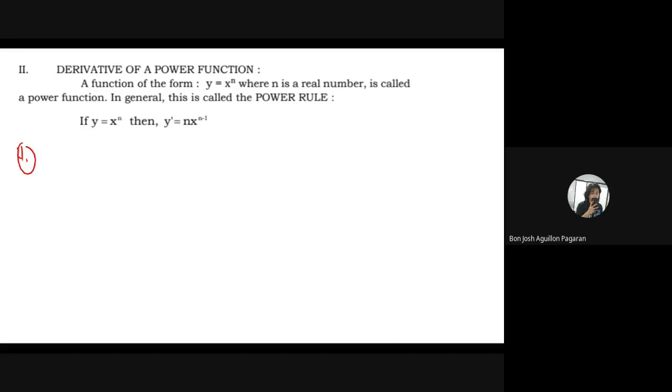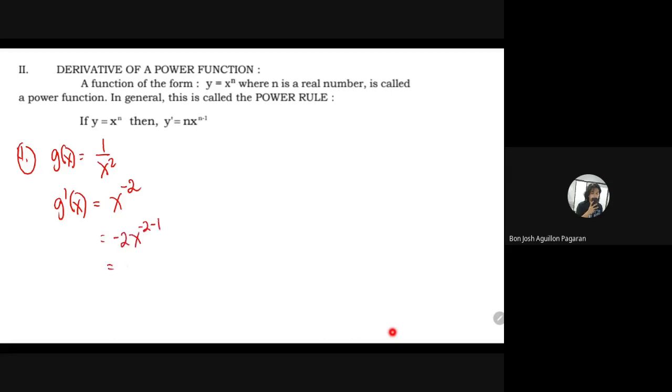For the rational function, say for example, you have g of x is equal to 1 over x squared. The g prime of x there, you have to convert this into, gawin natin siyang x, rewrite natin to the negative 2 power. Reciprocal natin, pag na-reciprocal, naging negative. And then, using the concept earlier, yung ating definition, that will be equal to negative 2x to the negative 2 minus 1.